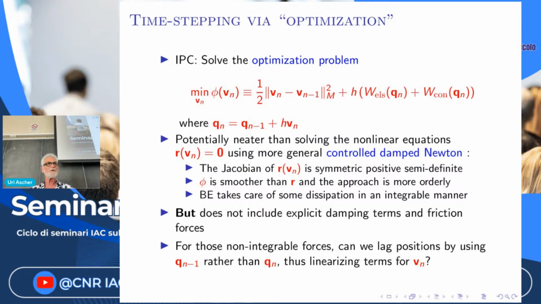There's no problem to solve the nonlinear problem. And likewise for the friction. Just look at Qn minus 1 rather than Qn, because these are not very stiff forces. That's the reason. The question is, can we get away with that? Or is there a possibility of getting wrong solutions if we do that sort of lagged friction, for example?